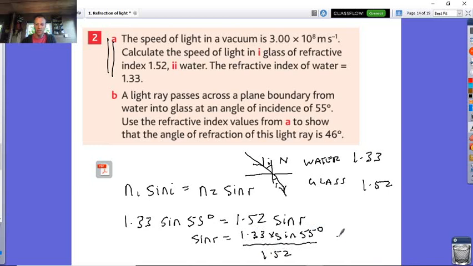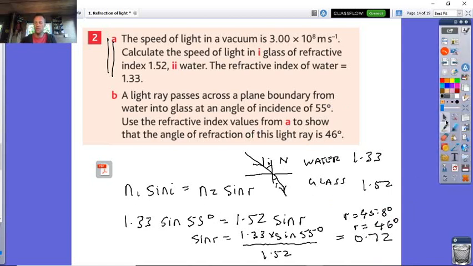Now, if you put that in your calculator, you get sine r equals 0.72. If you then inverse sine that, you'll find the angle r comes out to 45.8 degrees. Looking at significant figures, we've got 2, therefore r equals what they said, 46 degrees. And that's how you use that equation. Again, use the principles: formula, working, answer, units.